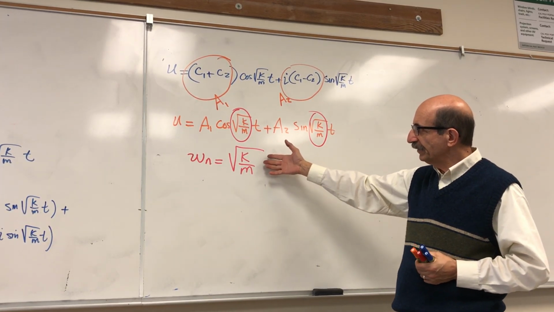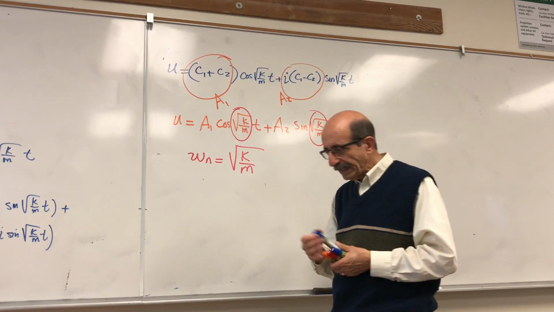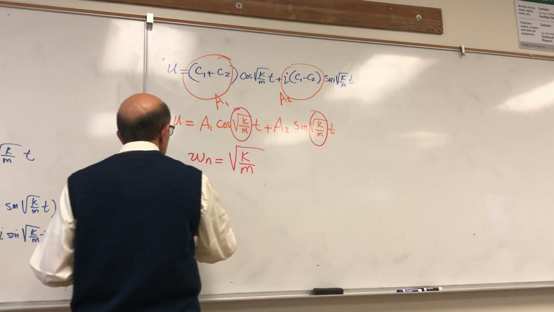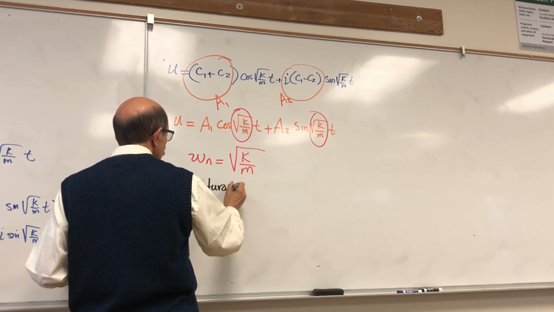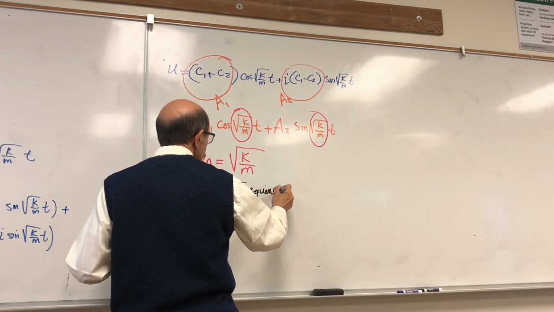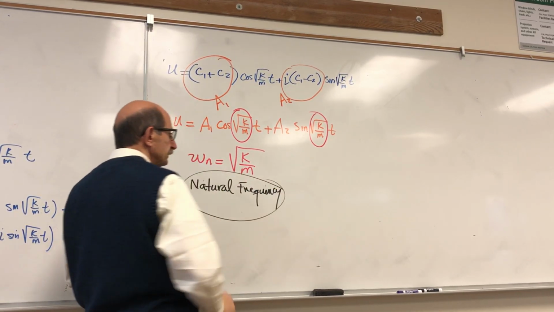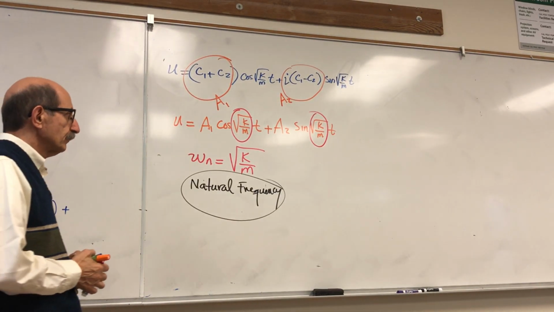So these are the inherent or natural characteristics of the system. For that reason, we call this natural frequency. Natural frequency is almost like an ID card for any physical system, okay?